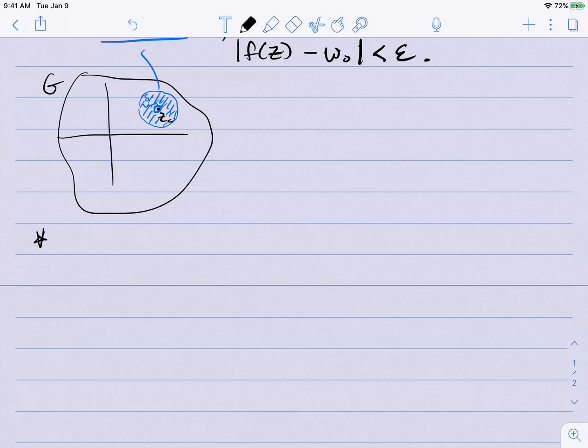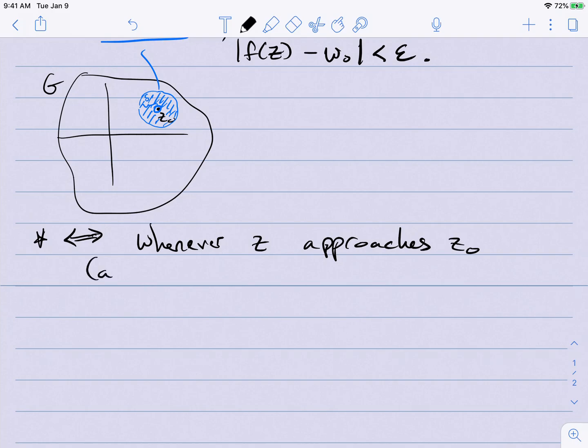Another way to say this, this limit definition is more or less equivalent to saying, and this is not quite rigorous, but a good way to think about it, whenever z approaches z naught along a path in G. So we really only care about points in G, right?